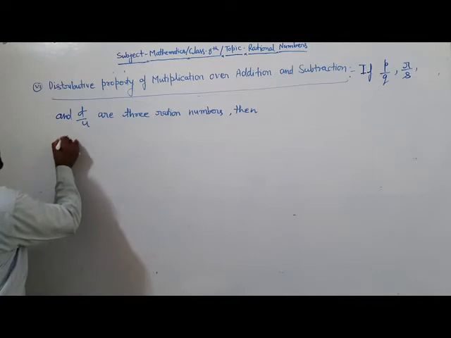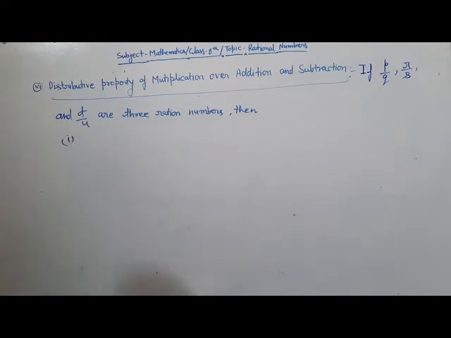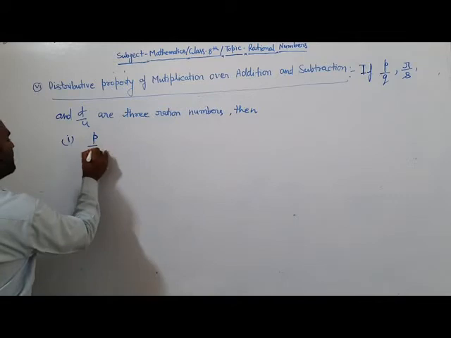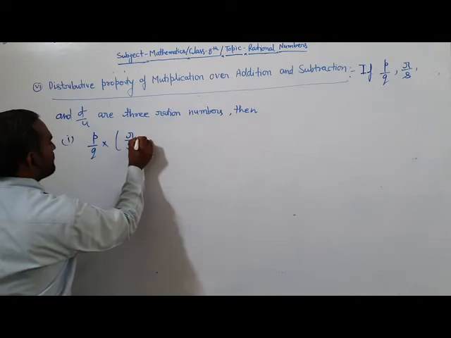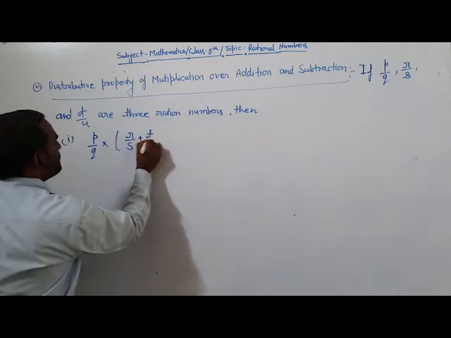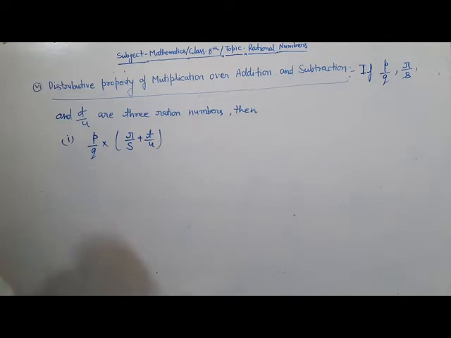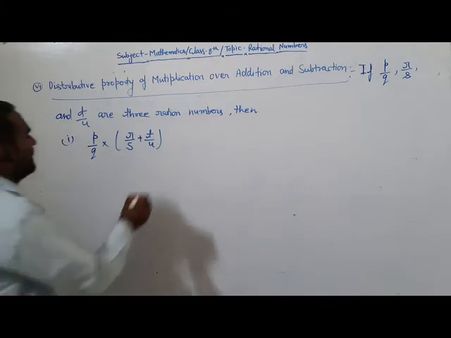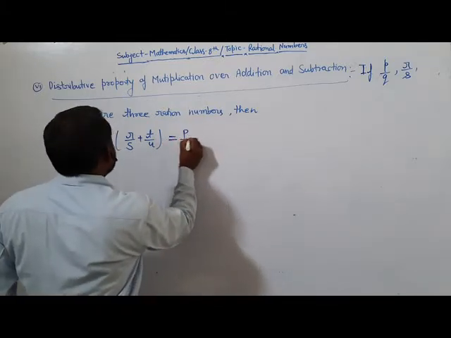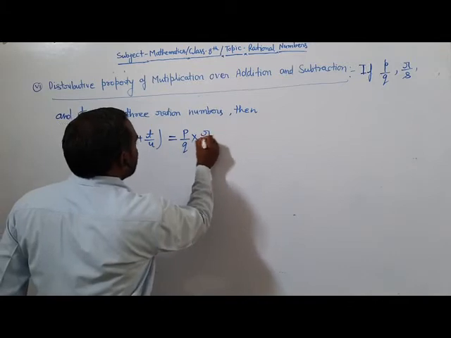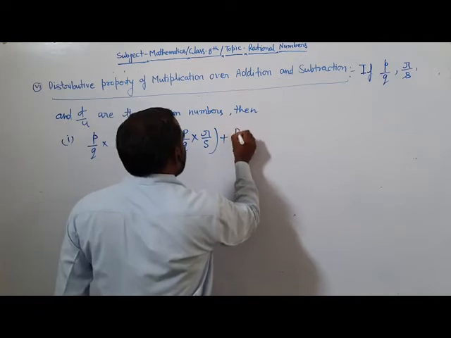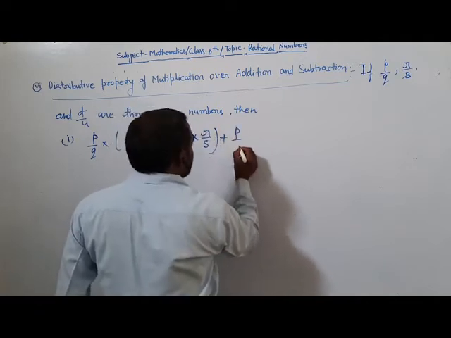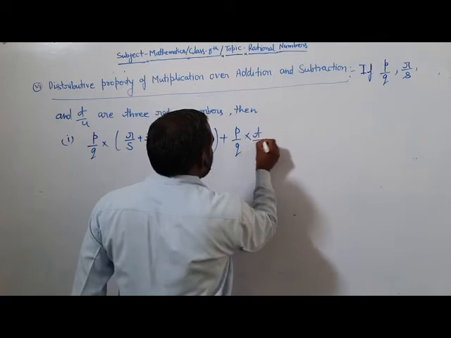First is over addition. p by q into r by s plus t by u is equal to p by q into r by s plus p by q into t by u.